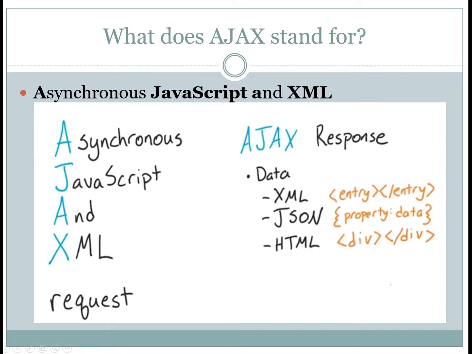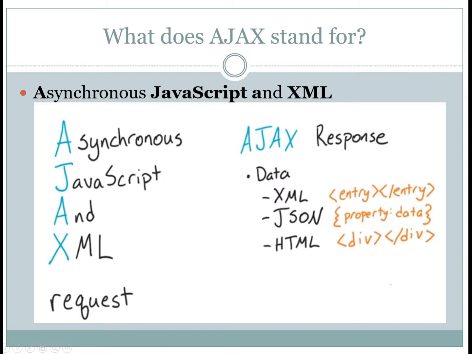AJAX requests occur in a number of different ways and with varying levels of difficulty. Some require an API, others use OAuth, and some don't use any authentication at all. And the data returned by different AJAX requests differs too. The X in AJAX stands for XML, which used to be the dominant hierarchical data format.